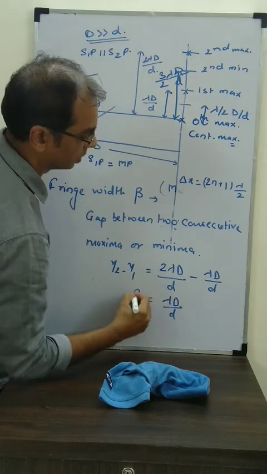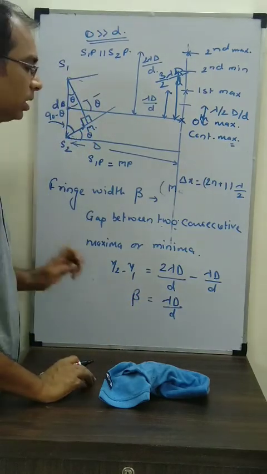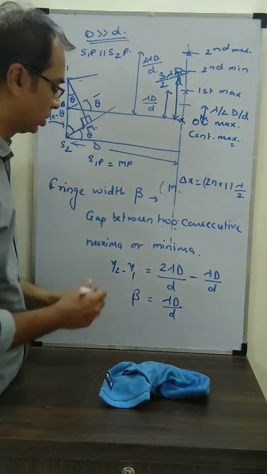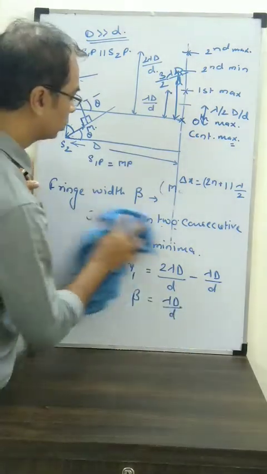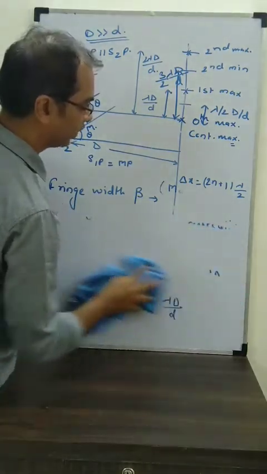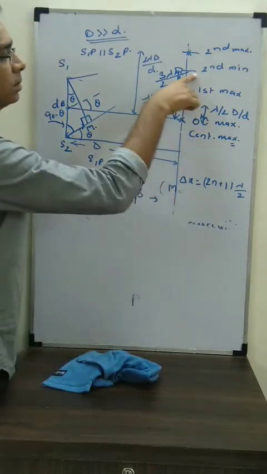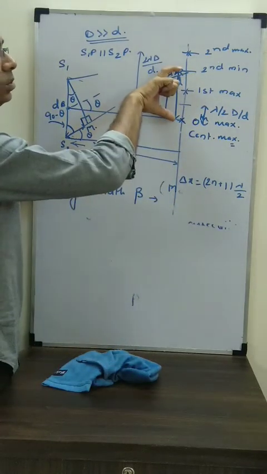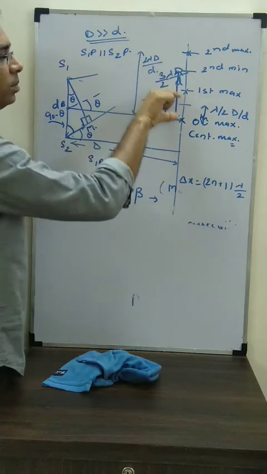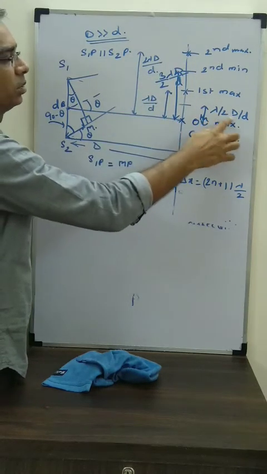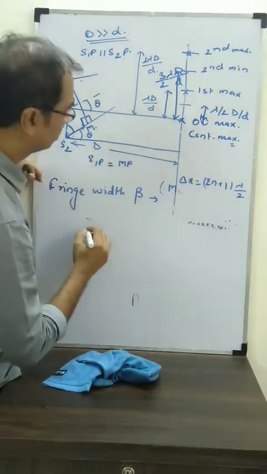This is fringe width. Are we going to get the same value for minima also? Let's check. So, second minima and first minima. Second minima is this one, and what is this gap? 3 by 2 lambda D by d. First minima, what is it? Lambda by 2 D by d. Let's find out.